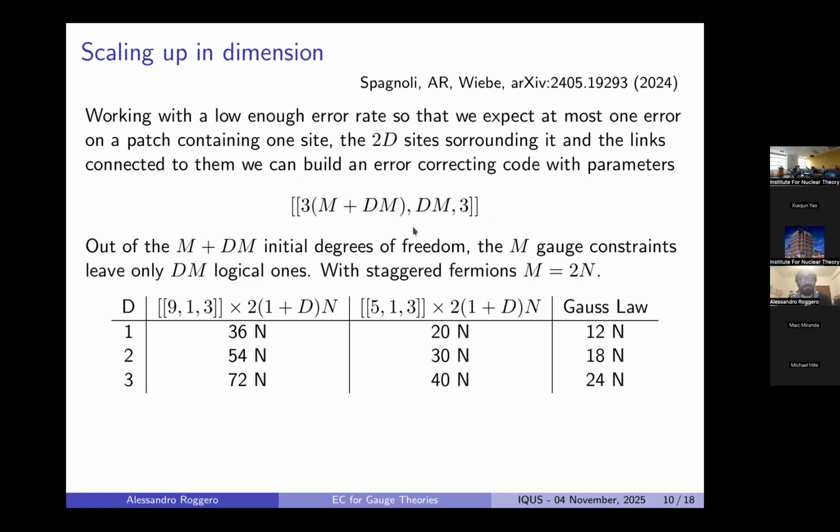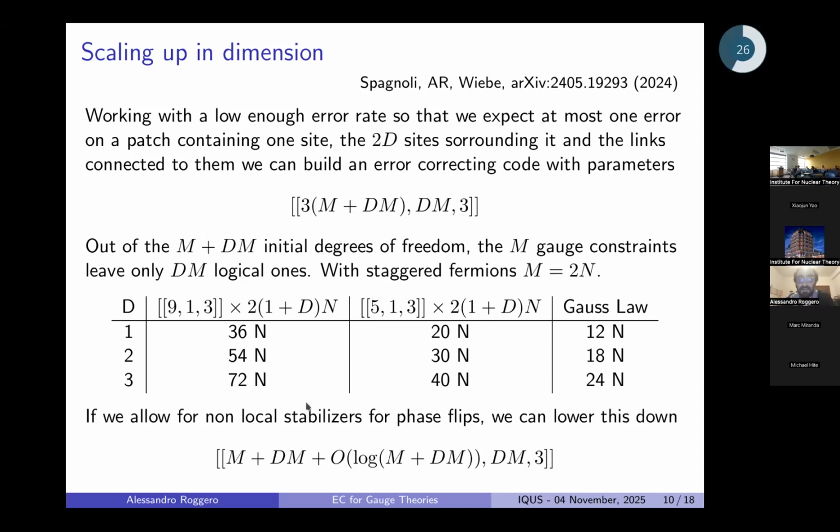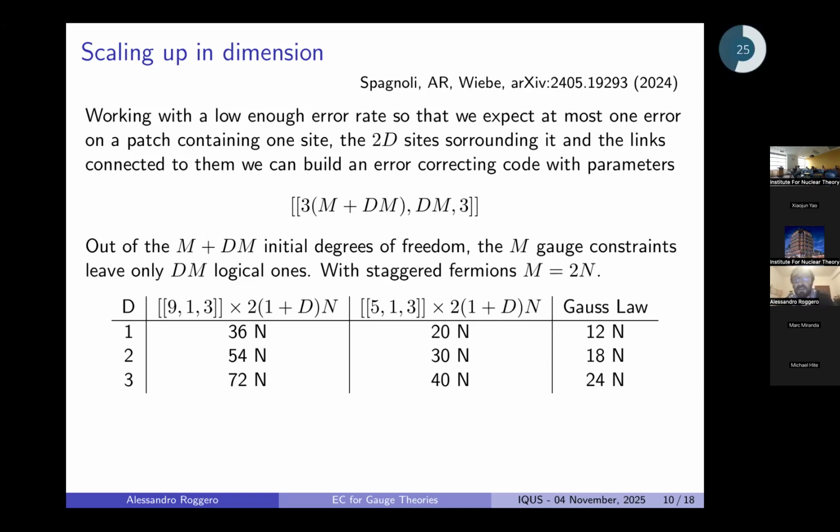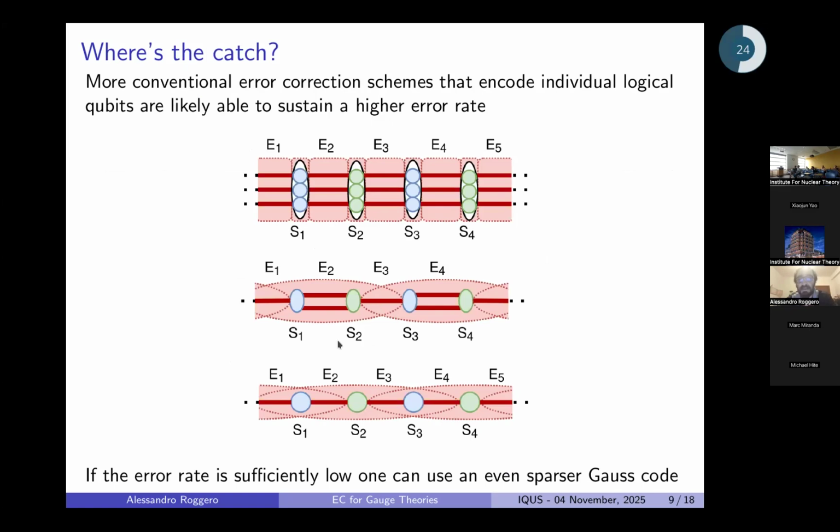The gain depends on the dimensionality with respect to more standard codes. The ratio gets a bit lower for larger dimensions, mostly because the patches we need to consider are a bit larger. But as a side note, this essentially only uses m stabilizers corresponding to the Gauss laws, which are always local, right? Any of these Gauss laws touches a product of Pauli matrices, which touches the site and the links adjacent to it.